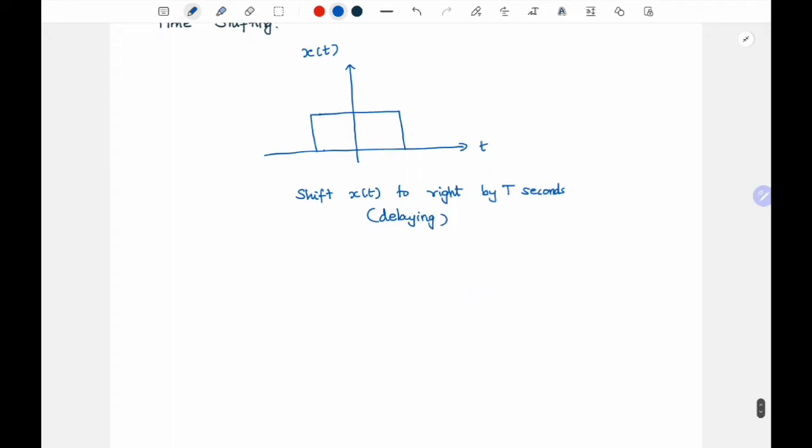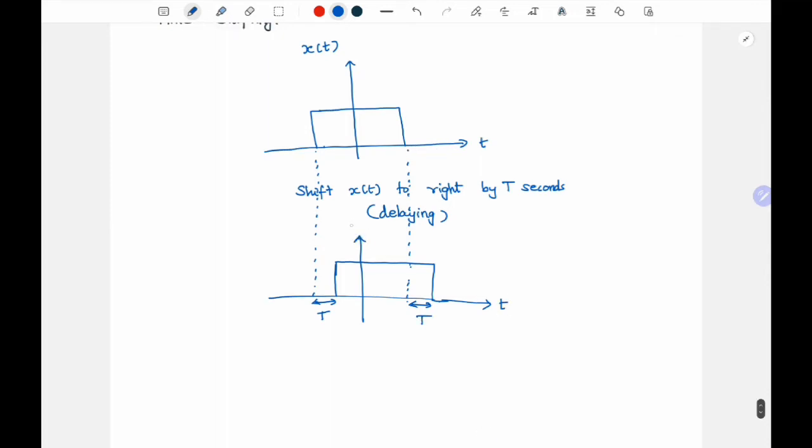So how will x of t look now? Let's say this is the previous one. Now it will be moved here, and this distance will be capital T seconds.